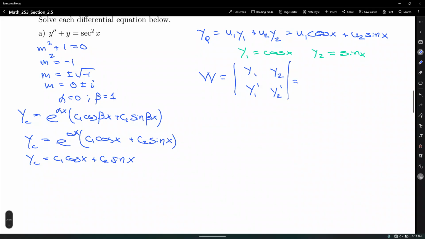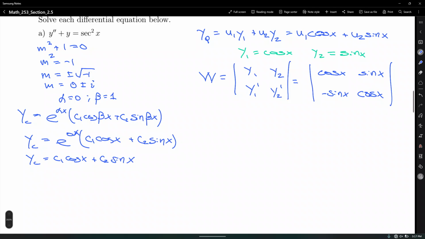Okay, so here we go for the matrix. Let's set up the matrix and calculate its determinant. So cosine x, sine x, then the derivative of cosine, which is negative sine x, and the derivative of sine, which is cosine x, and evaluate this 2 by 2 determinant. Well, you guys know how to evaluate 2 by 2 determinants.